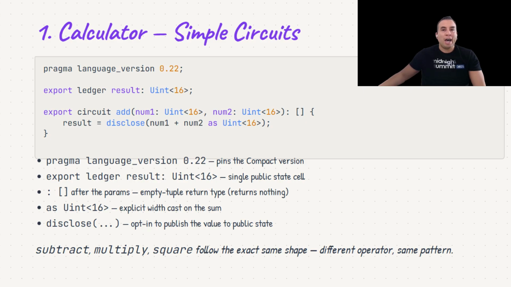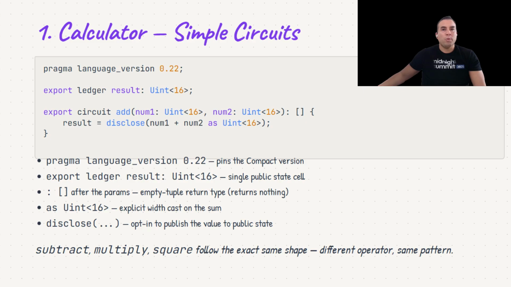Then the add circuit takes 2 16-bit inputs. That little sign after the parentheses is the return type, an empty tuple, meaning this circuit doesn't return anything. Inside, we do num1 plus num2. Then we cast with as uint16 to make sure the sum fits in 16 bits.